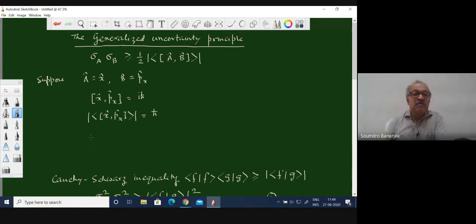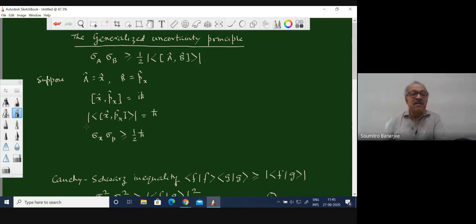Put it here, you immediately get sigma x sigma p is greater than or equal to half times h cross.